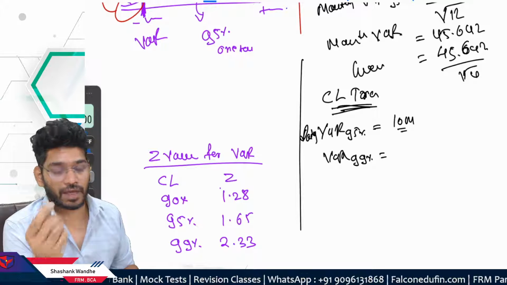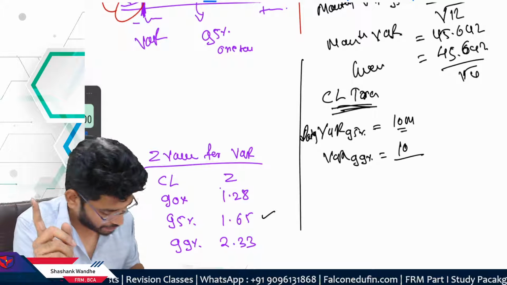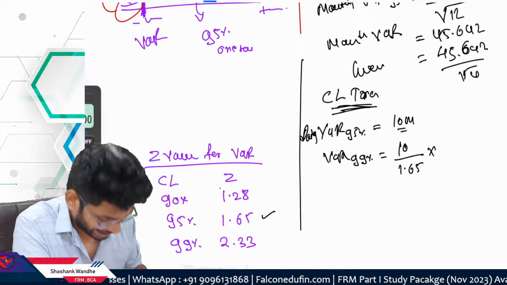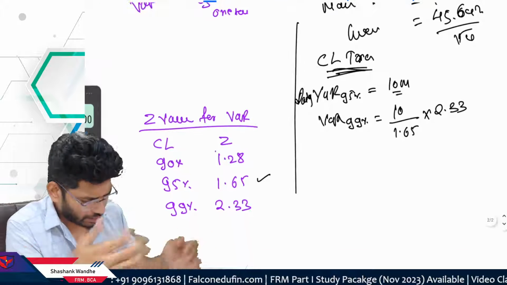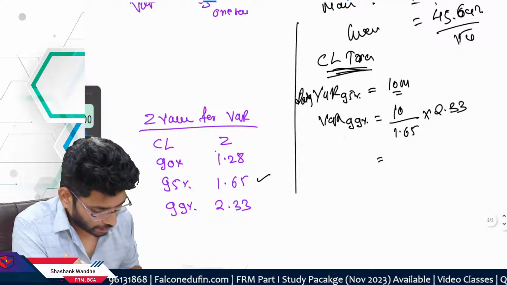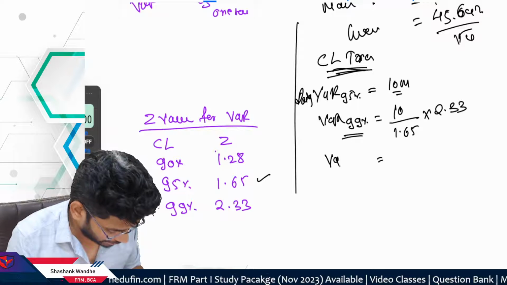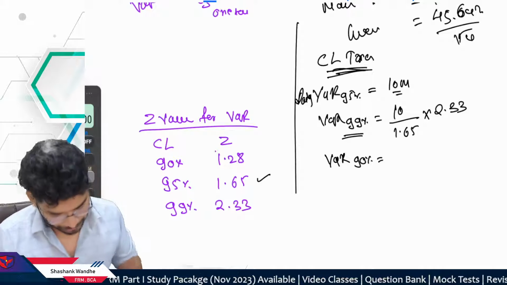So what are the steps here? First, remove the impact of 95%. What is the impact of 95%? 1.65, and then give the impact of 99%, which is 2.33. Simple. Solve this and you will get the answer.